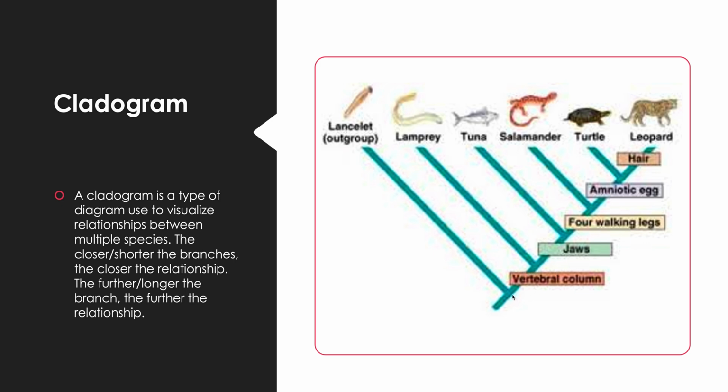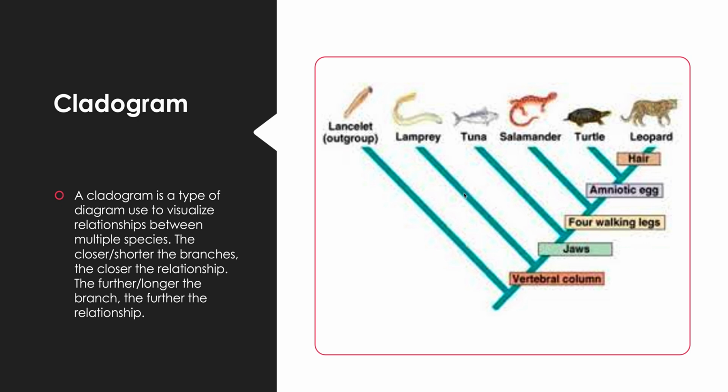So for example, here's a lancelet. It does not have a spine, a spinal column, but all the animals above it do. So that's why it is least related. From there, our next feature is which animals have jaws. Well, the lamprey, which is similar to an eel, does not have a jaw.